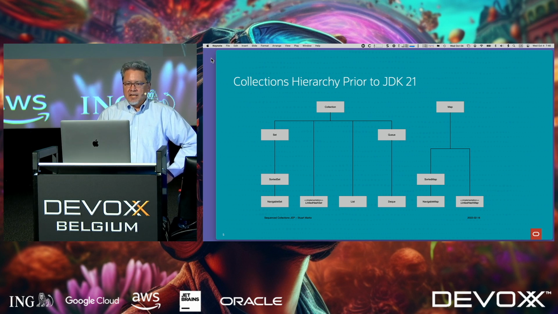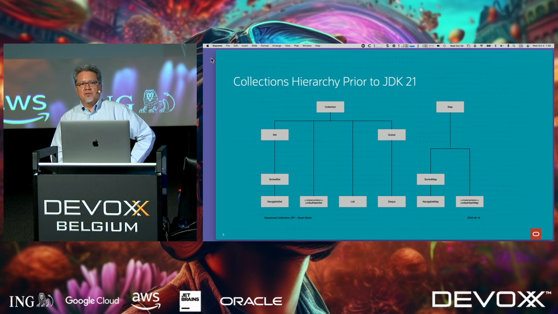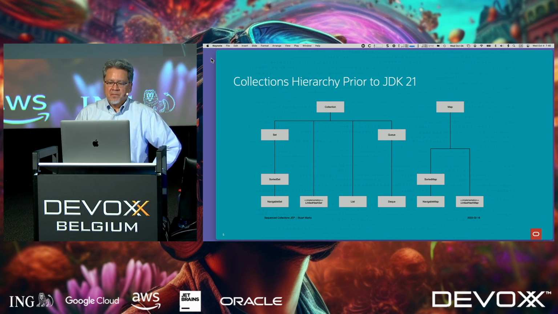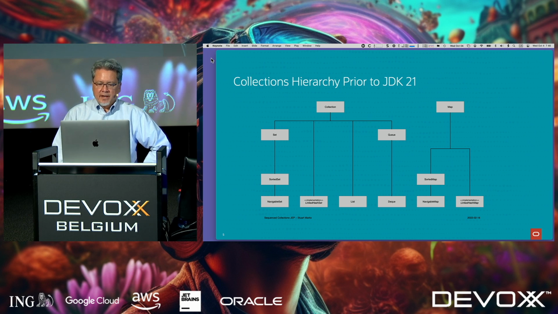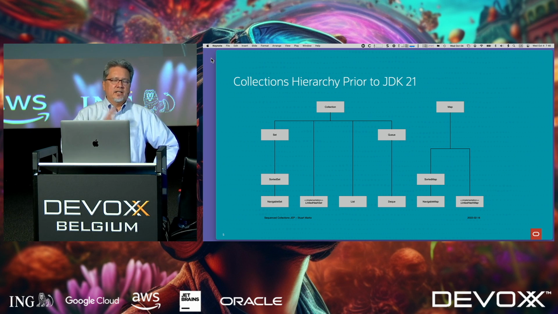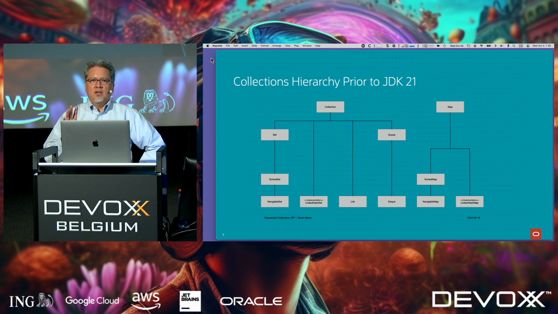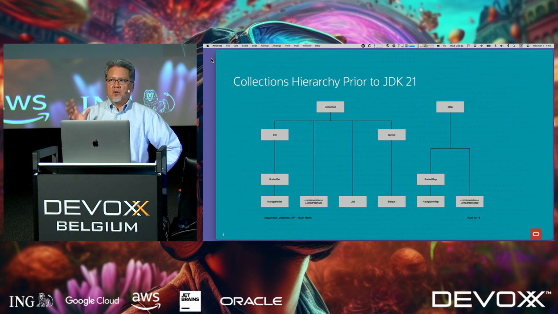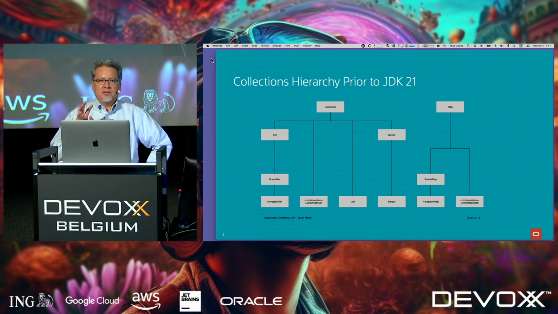But basically, you see collection, set, queue, and map, and sorted set and sorted map, and extensions of the sorted interfaces, navigable set and navigable map. And of course, list and deque are under there. And then as outliers at the bottom: linked hash set and linked hash map. As I said before, those are not interfaces; they are implementations, but they form part of the story here because those implementations try to provide some things that are useful when you're talking about ordering.